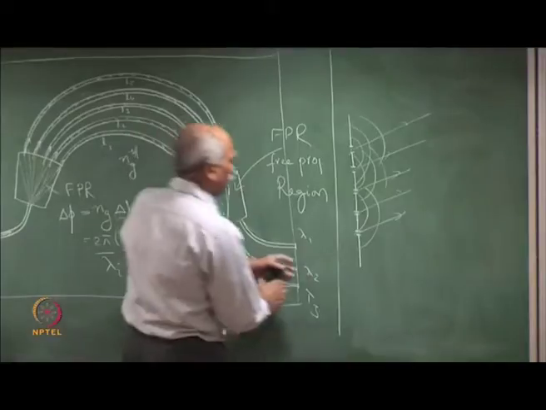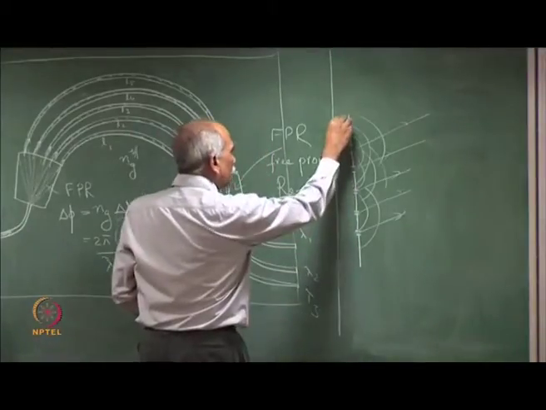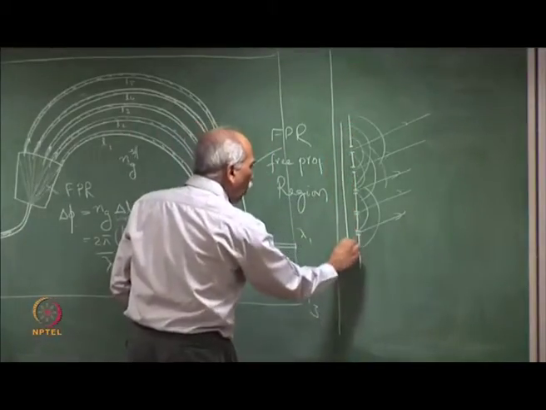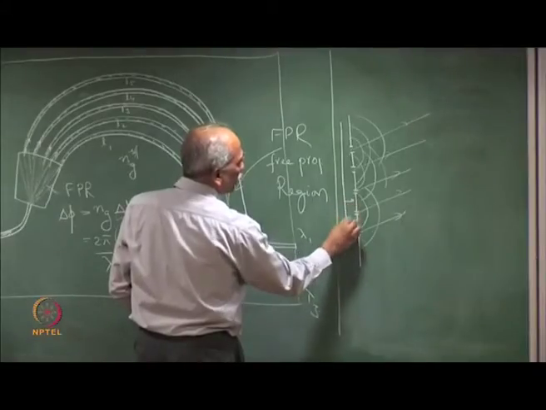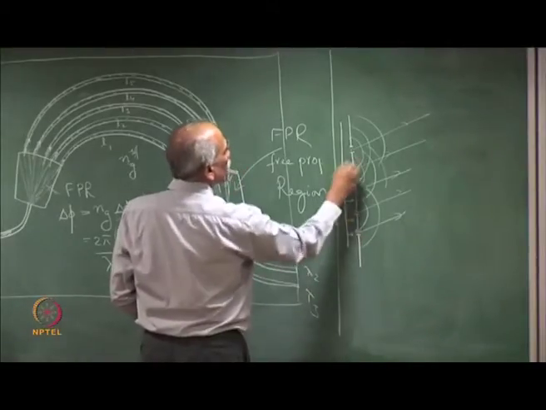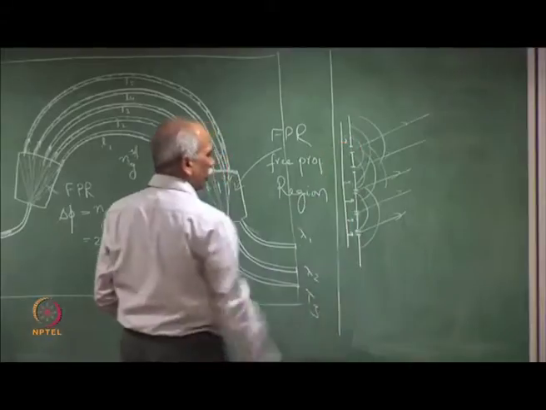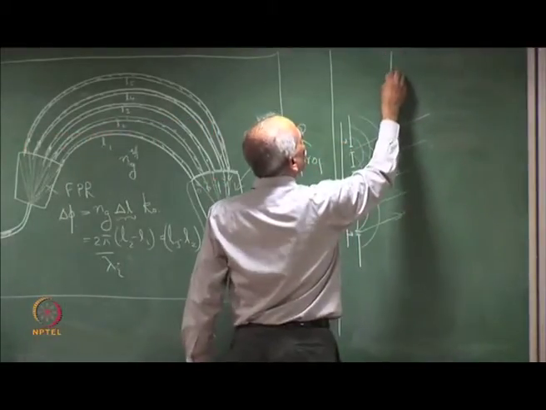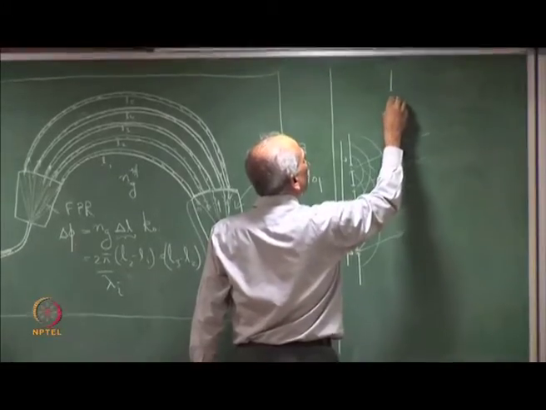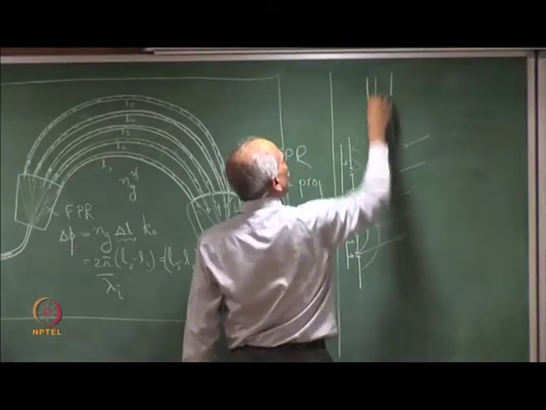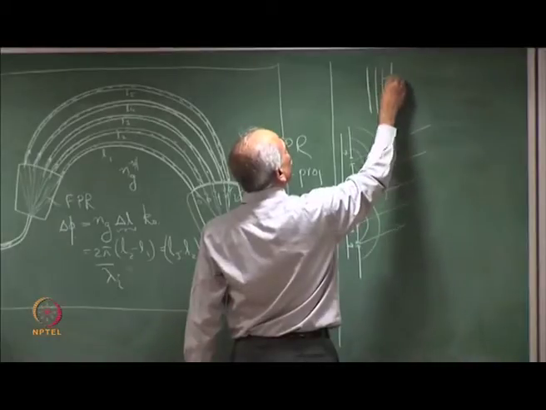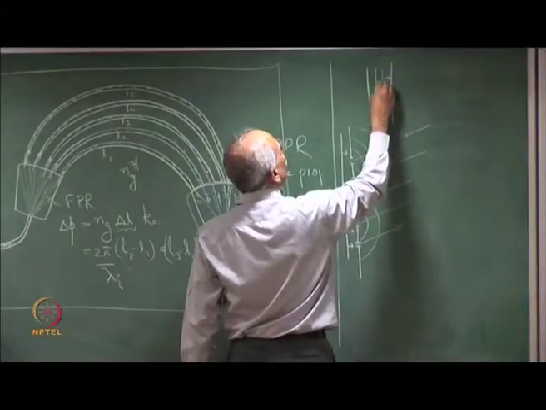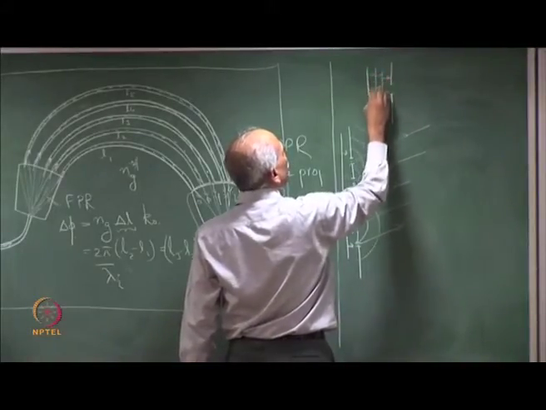If the input here is a plane wave, which means all the point sources, so this is the input, what I am describing is diffraction by a single slit. We are all familiar that in deriving the diffraction pattern of a single slit, a plane wave is incident here.